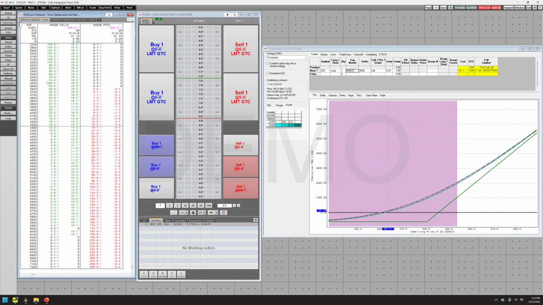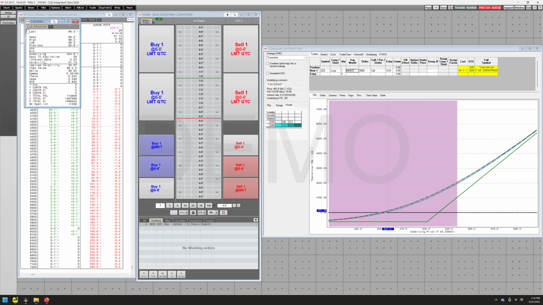If we look at this 325 call, the market hasn't been to 325, so you wouldn't have ever bought that. But the delta on that is going to be 99. So that deep in the money option is working almost exactly as futures.